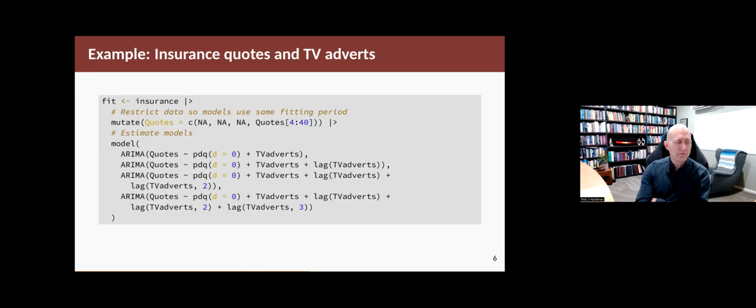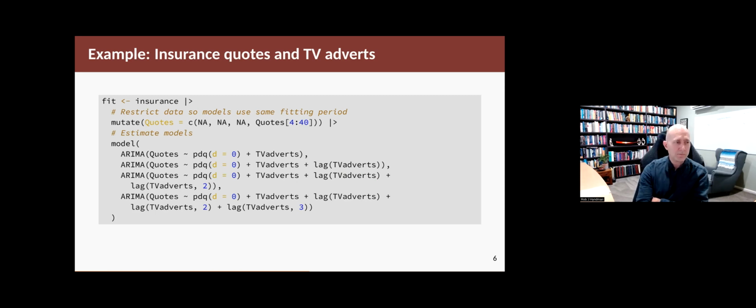So we're going to fit a range of models with different numbers of lagged advertising in them, starting with no lags, 1 lag, 2 lags, and 3 lags. And we're going to compare these models, but because of the lagged nature of the predictors, there's going to be missing values for the first few residuals when we fit these, because you can't lag further back than time 1.